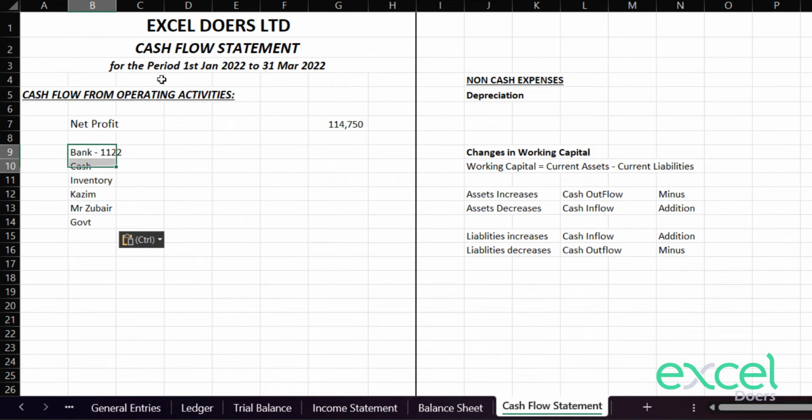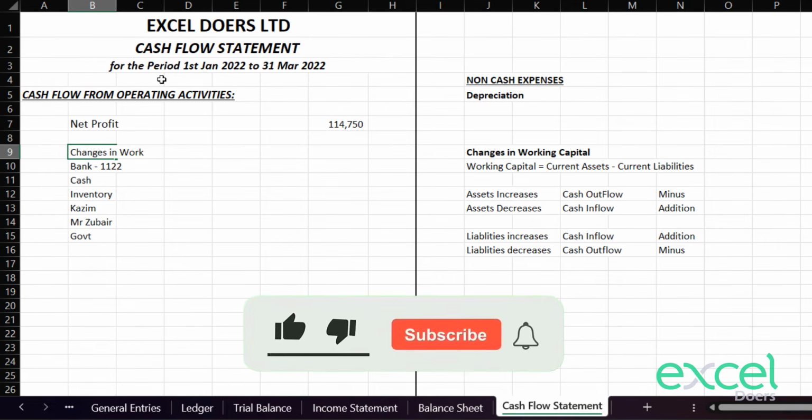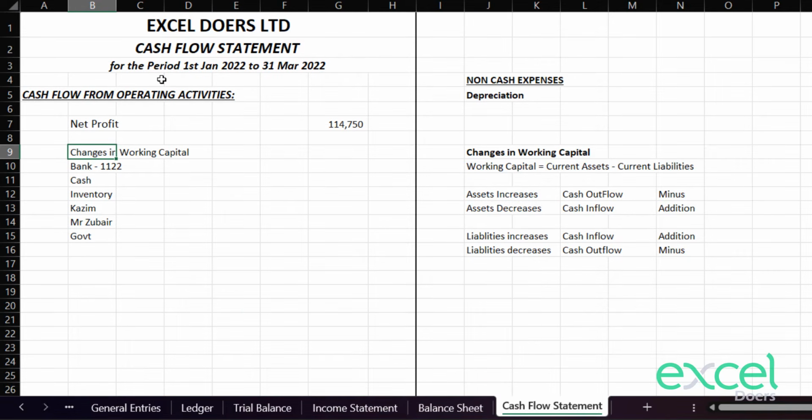I just copied here and I can call it changes in working capital. I'm making it a bit detailed so you understand every point which is important to prepare the cash flow statements.